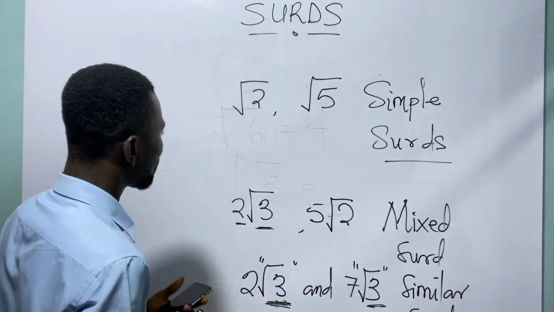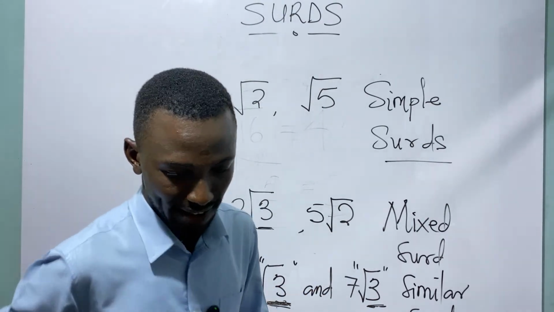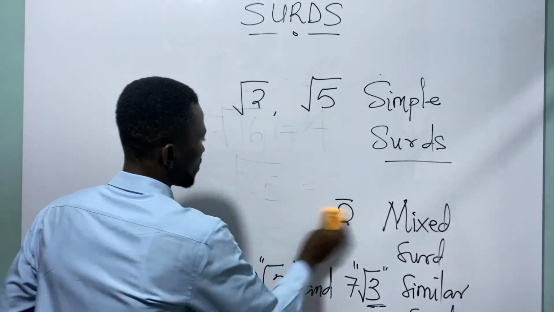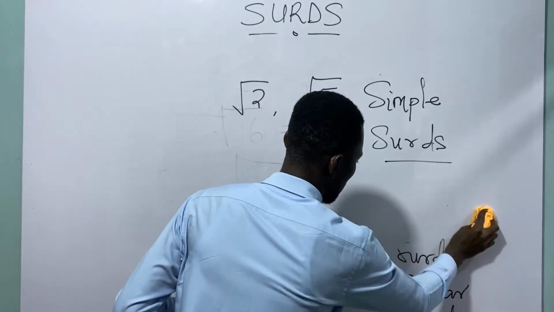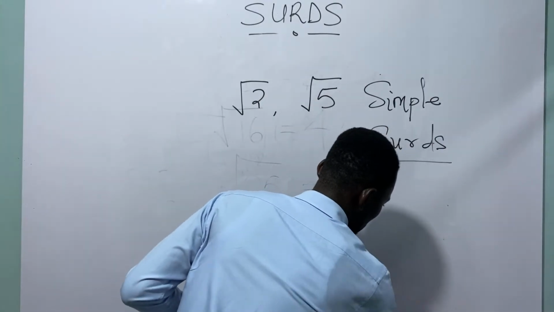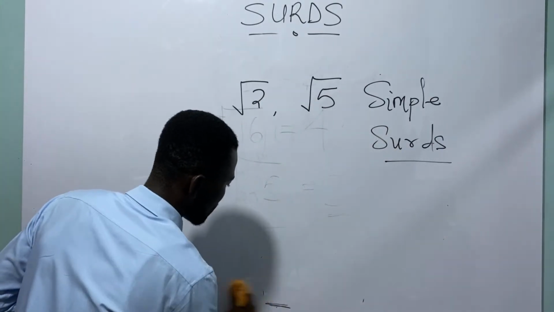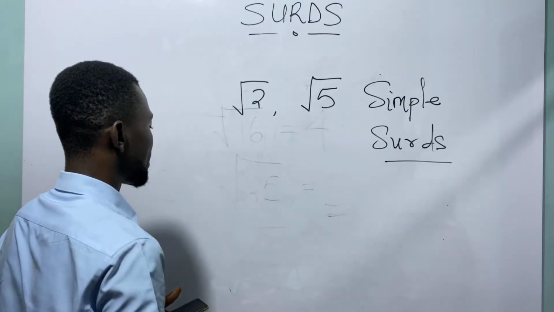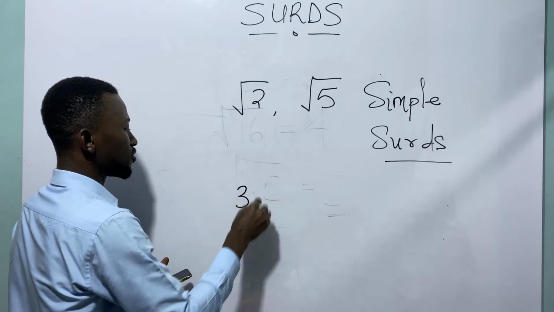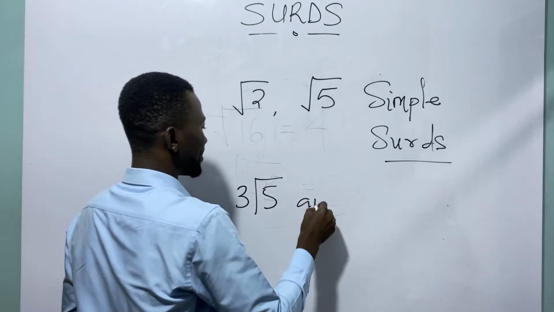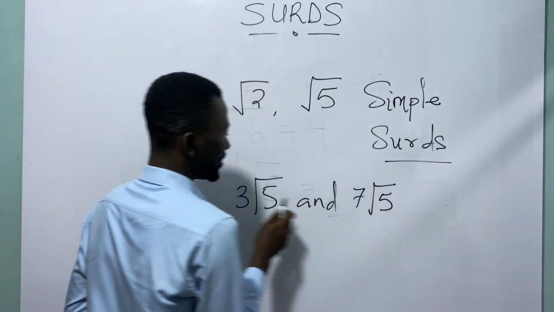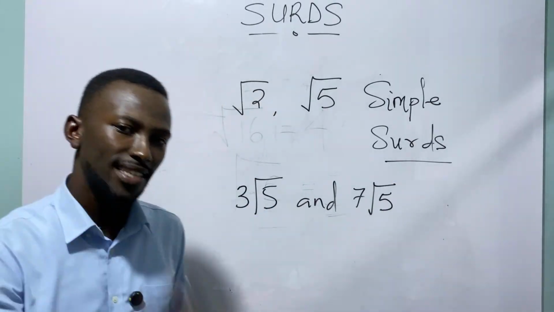So let me clean and have some more space for working. Let me give another example. And I'm sure at this point, you should be able to give some examples of similar surds. If you have something like this, 3 root 5, and then 7 root 5, these are known as similar surds.